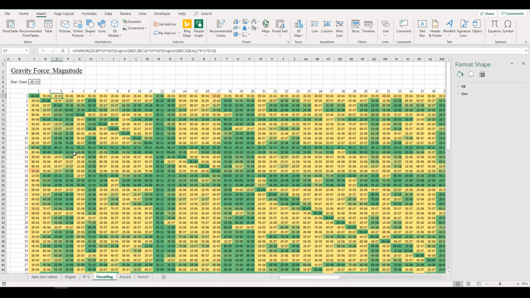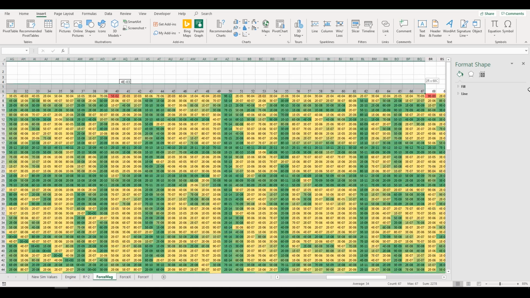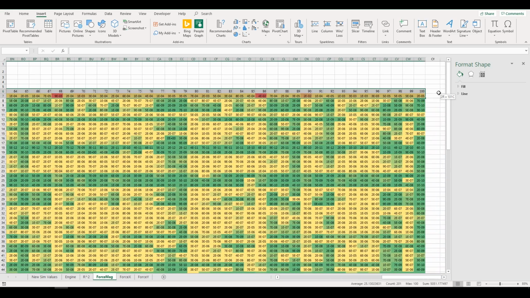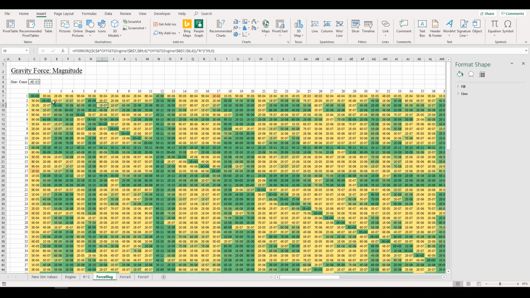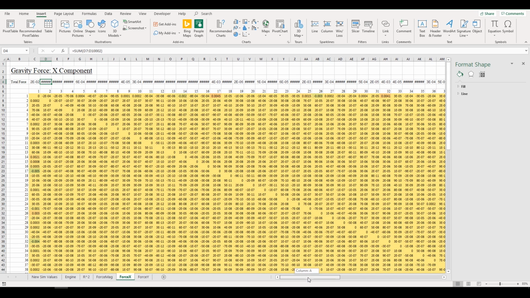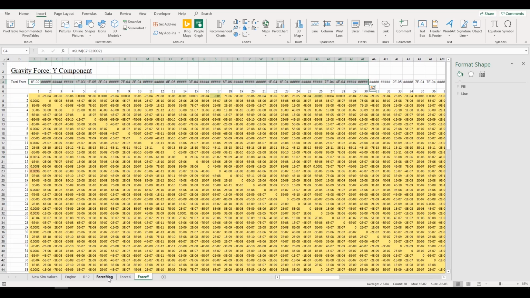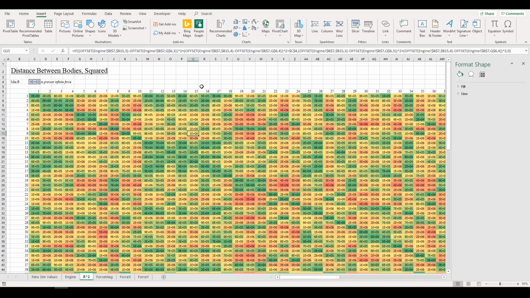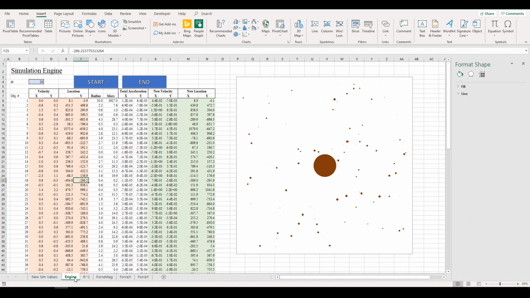Now, the problem is that once you go beyond a certain number of objects, the thing's just going to get so massive that any programming language is going to get crushed, unless you're using the GPU. But even then, there's going to be some cap on how many objects you can simulate at once, because the number of calculations increases by the square of the number of objects you throw into the simulation.